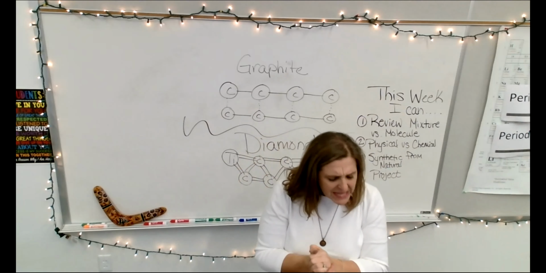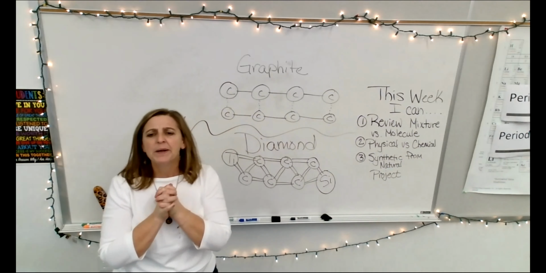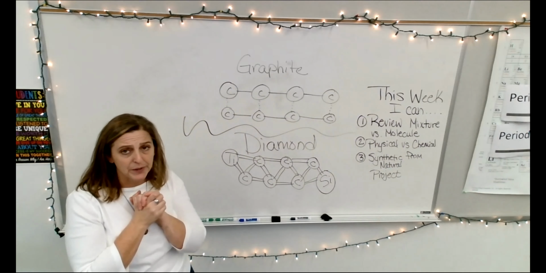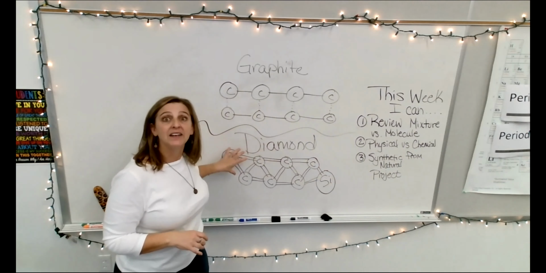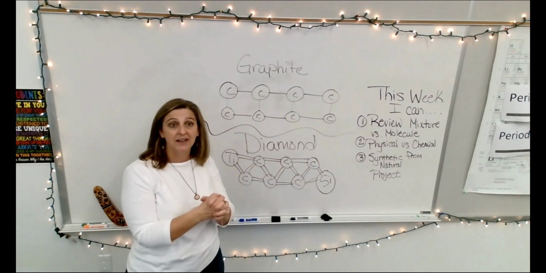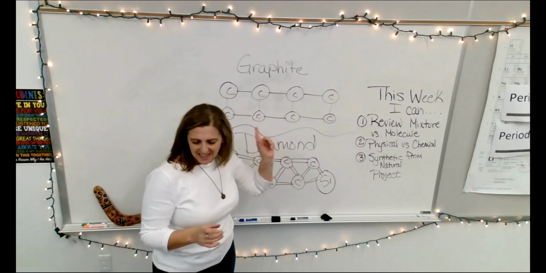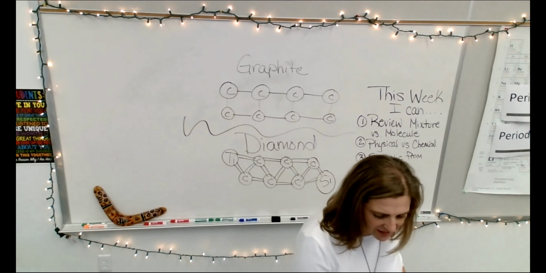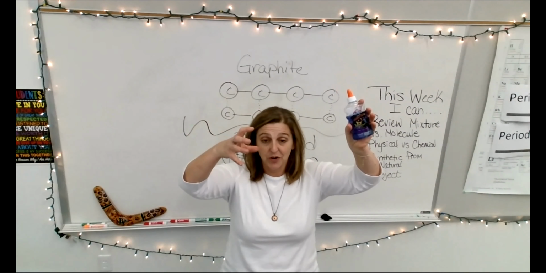So I guess that kind of leads me into this project that I want to do, all right? Physical versus chemical. Chemical properties are when we start to add additional elements and we change its chemical composition. Last week, you watched my daughter take Elmer's glue and mix it with laundry soap.